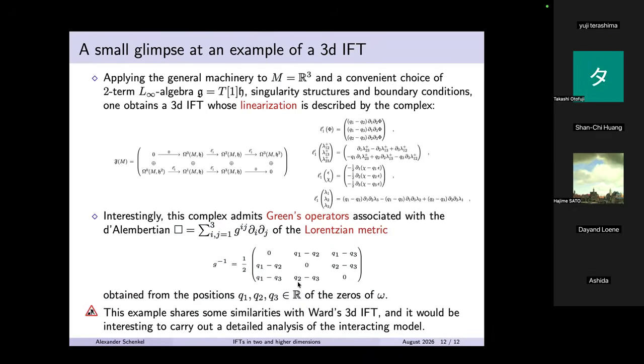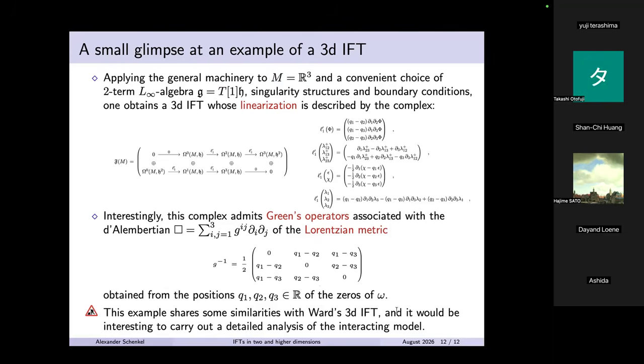Now, when you study this model in a bit more detail, you see that it shows a bunch of similarities to another known 3-dimensional integrable field theory in a different kind of approach, namely Ward's 3-dimensional integrable field theory. And these similarities, I cannot comment on in detail now, so Benoit understands that way better than I, but one can say a few things about the similarities.